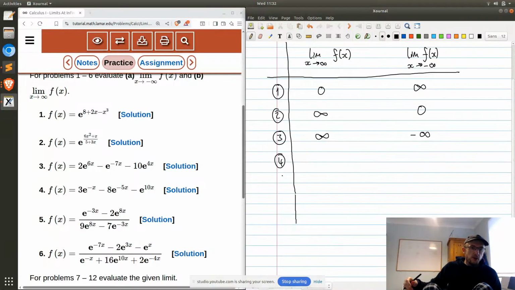Okay, in the fourth one, what do we have? I have 0, minus 0, minus infinity. So it'll be minus infinity.